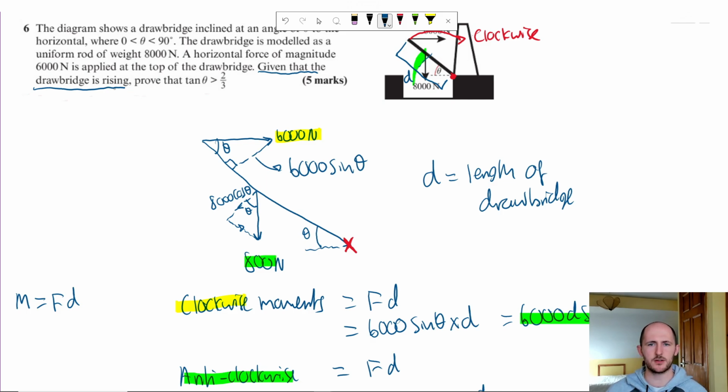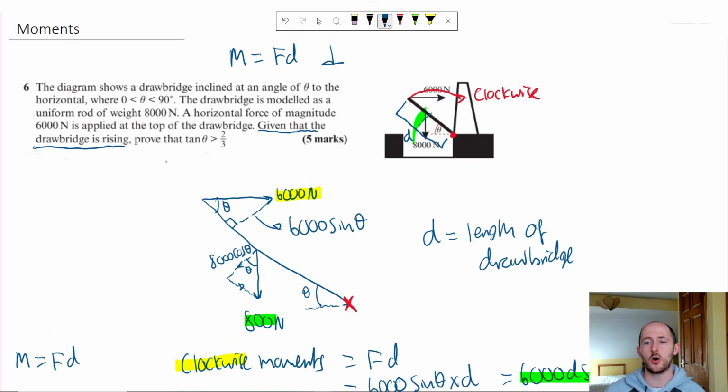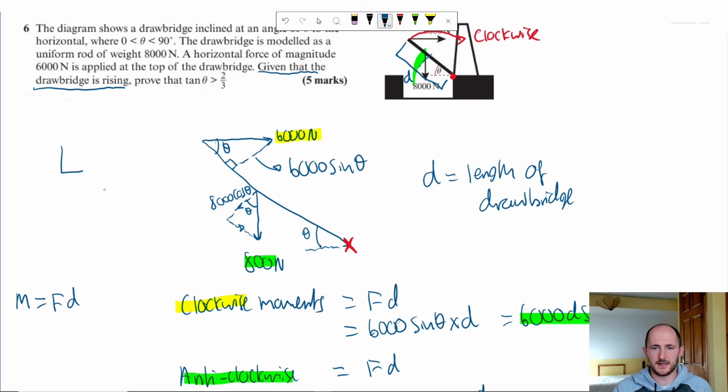It says, given that the drawbridge is rising. If it's rising, it means we are not in equilibrium. Now, equilibrium does come up a bit later, but hopefully you can see, if this is rising, then it means the clockwise moment has to be bigger than the anti-clockwise moment, because otherwise it will be going down or staying still. So you can even think of it like you're lifting something.